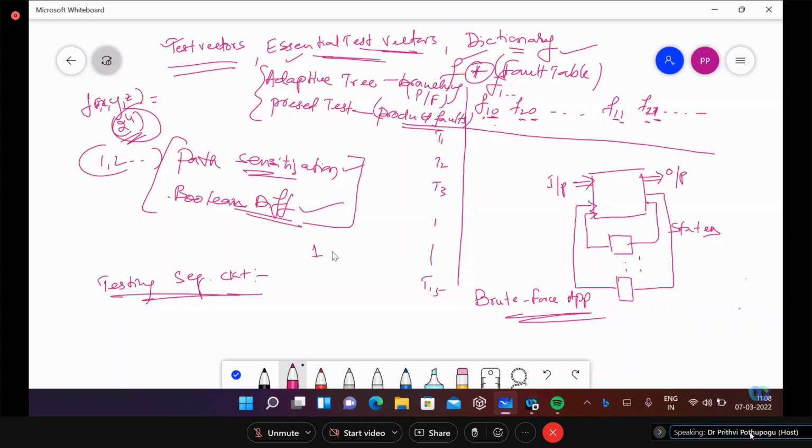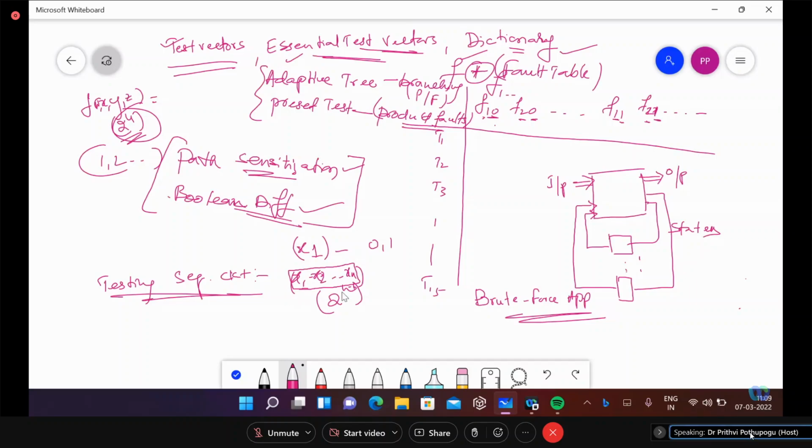One input will give you two values. Sequence means, say, if I take x1, x2, and so on to xn, the 2 power n combinations you are defining, from 0 to 2 power n minus 1. Any one combination of this x1 to xn is a sequence.